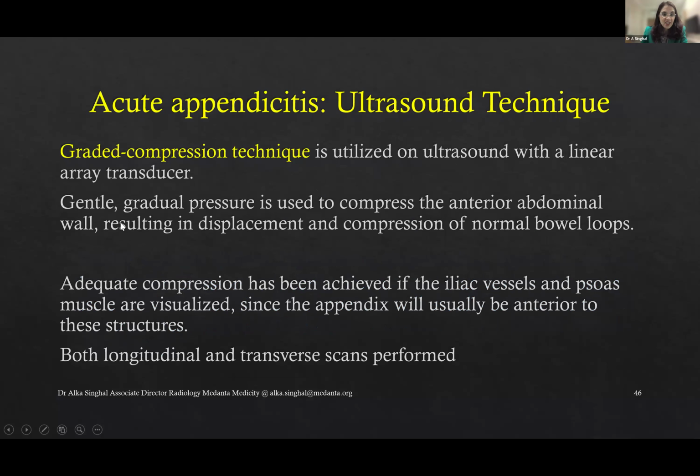Graded compression technique. So gentle gradual pressure is applied to compress the anterior abdominal wall, resulting in displacement and compression of the normal bowel loops. Adequate compression is achieved if the iliac vessels and the psoas muscles are seen, since the appendix will usually be anterior to these structures. And of course, you scan in various planes and various orientations of the patient with various transducers to get the best possible diagnosis, right?